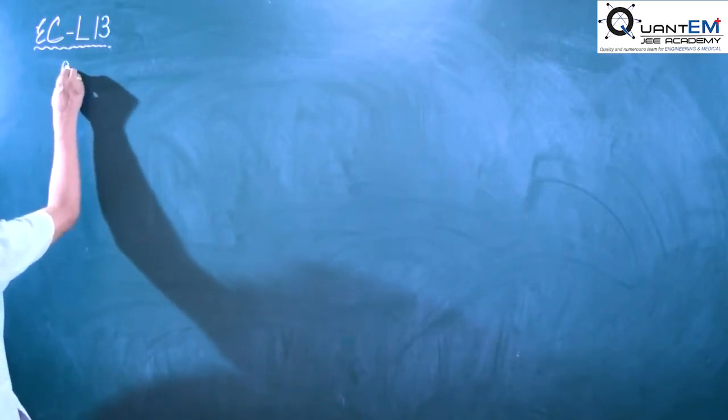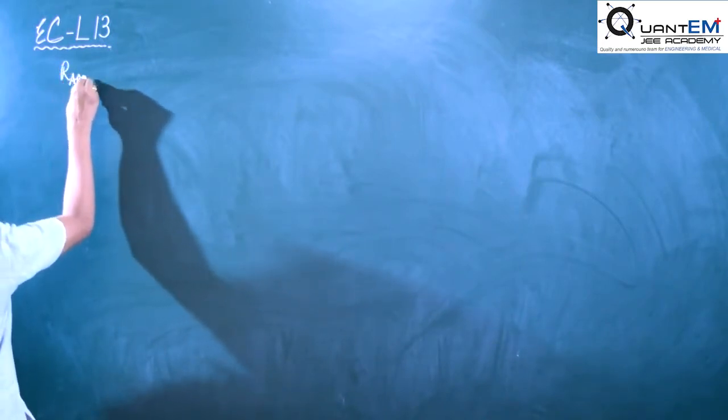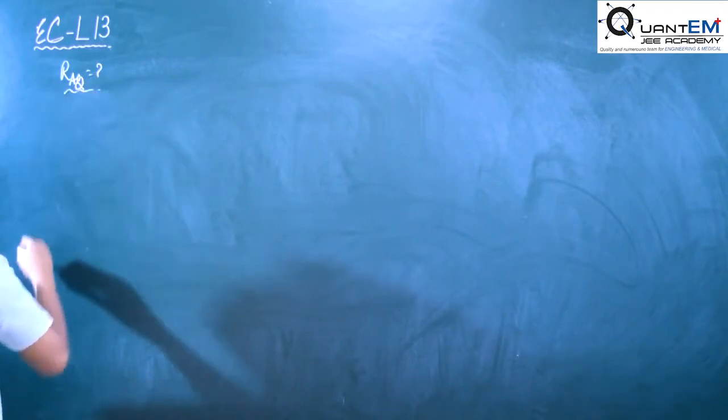Here also we have to get the equivalent resistance between A and B from the given circuit.